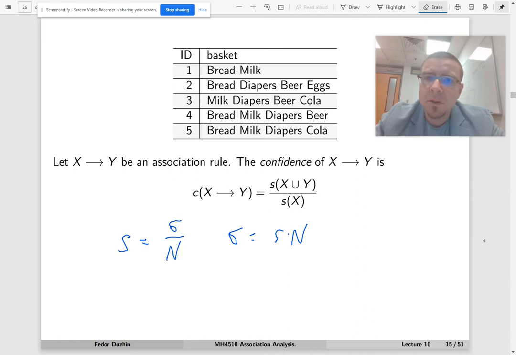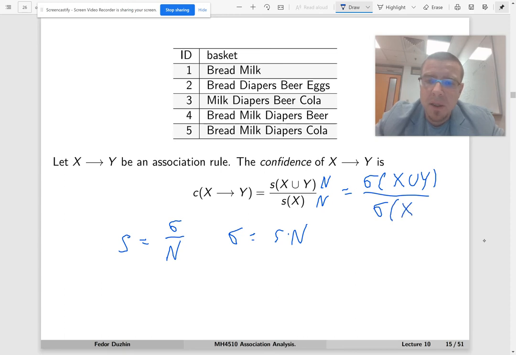Then we get the support count of X and Y divided by the support count of X.